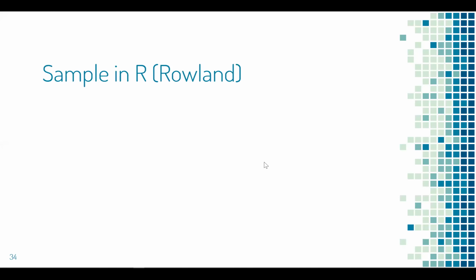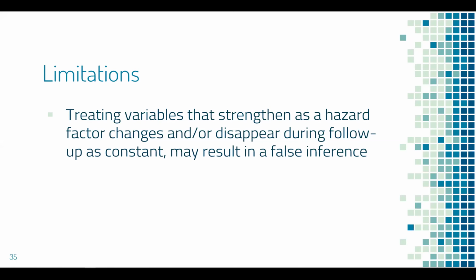Okay, so we just had a nice demonstration from Roland in R. And so I guess some limitations of this methodology are that you're assuming that the variables are constant in terms of their hazard, and so that certain ones don't strengthen or weaken during follow-up.